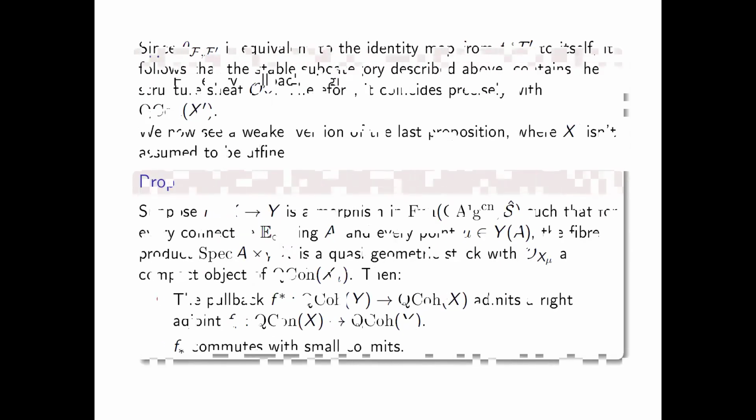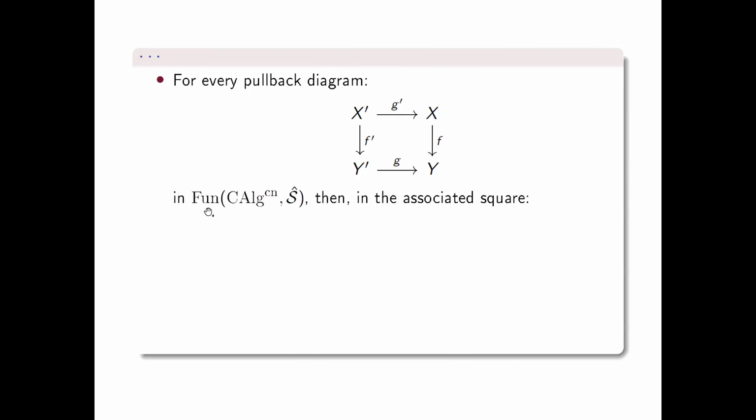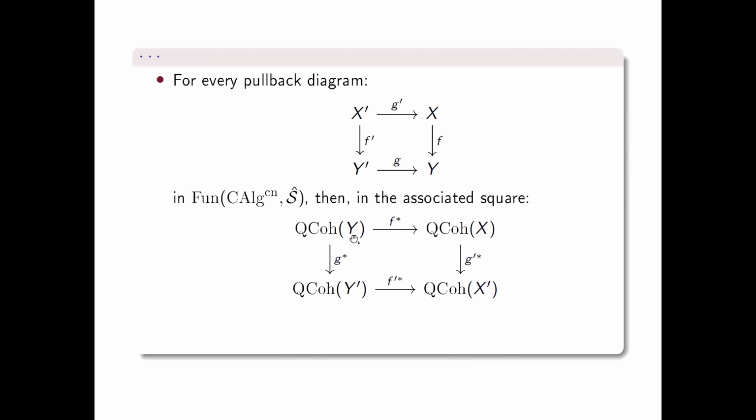Right, so this continues. You start off with a pullback diagram like this. So this is our original morphism X to Y, and then you have a pullback diagram like this in the functor category from C out to S hat. Then for the associated squares, you take quasi-coherent sheaves of Y to quasi-coherent sheaves of X. So this is our F upper star, this is F dash upper star, and so on.